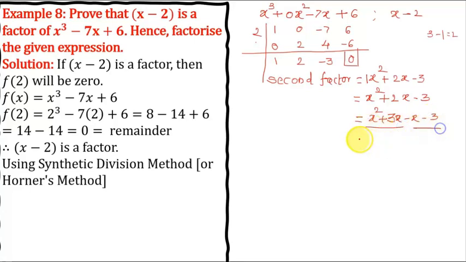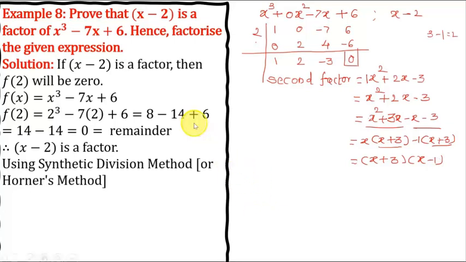From these two, take x as common. If you take x as common, then you will have x plus 3, minus 1 in bracket x plus 3. x plus 3 as a common. And this is x plus 3 in first bracket and second is x minus 1.